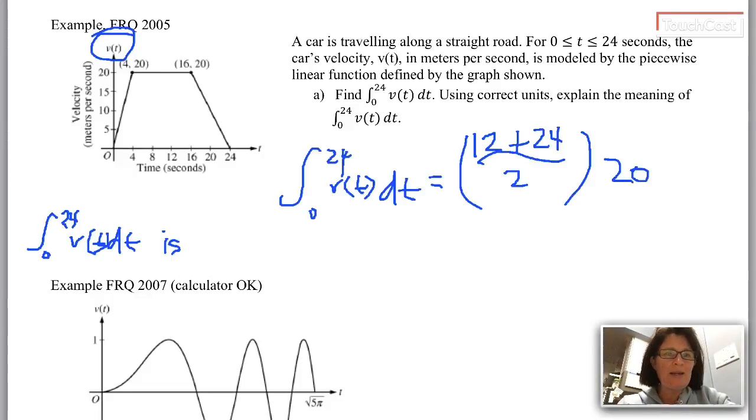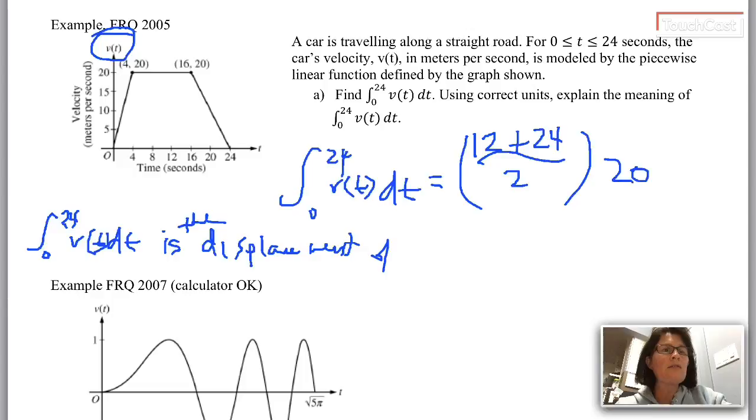But technically speaking, this is the displacement of the car, or you could say the car's displacement in, what are my units? Velocity was measured in meters per second, and my time units were in seconds, so meters per second times second gives meters.